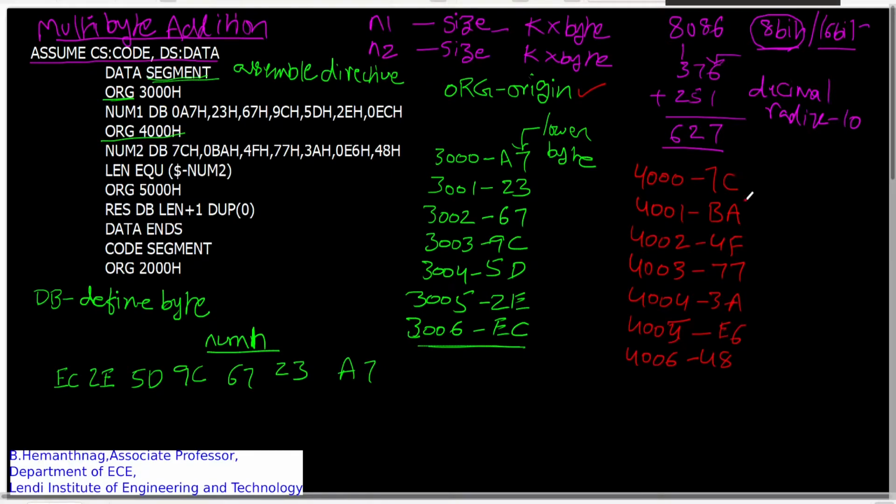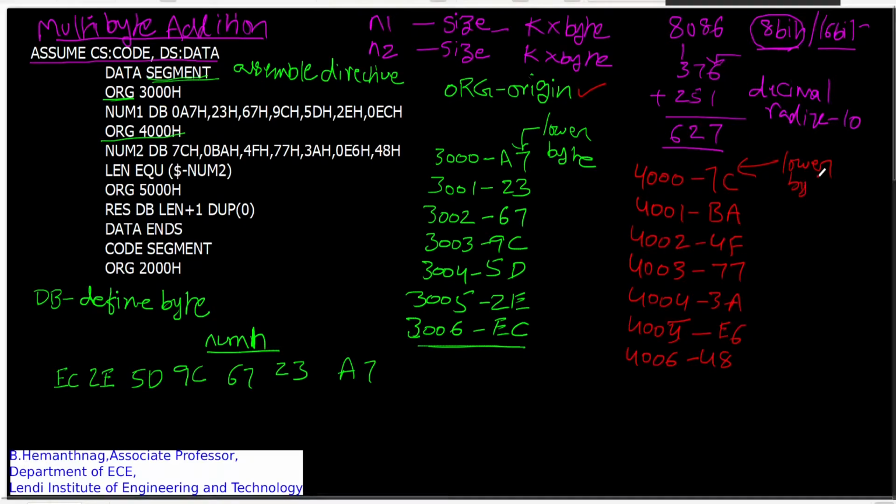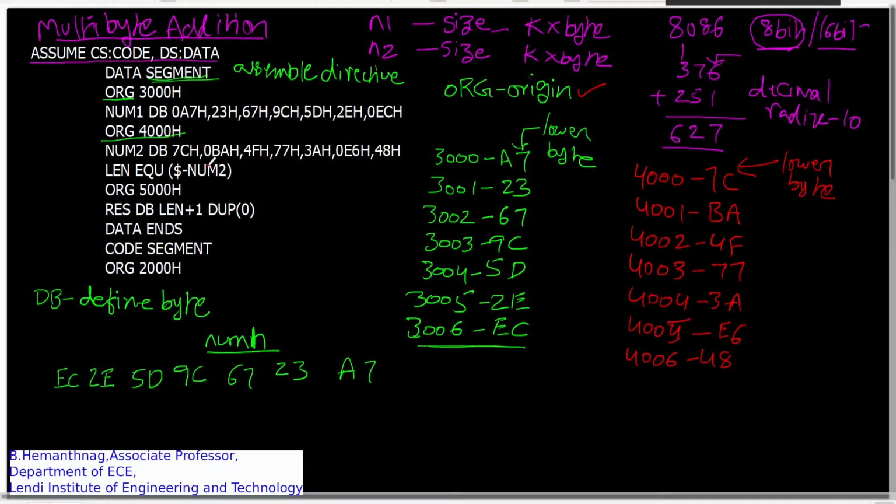Now this is the lower byte of the number, which is stored in the first address, that is the 4000 address, and the largest byte of the number, or the higher byte, is stored at the last address, that is 4006. If I had to consider this as a number, we generally take on paper the numbers with the lower digit at the right and the higher digits at the left end.